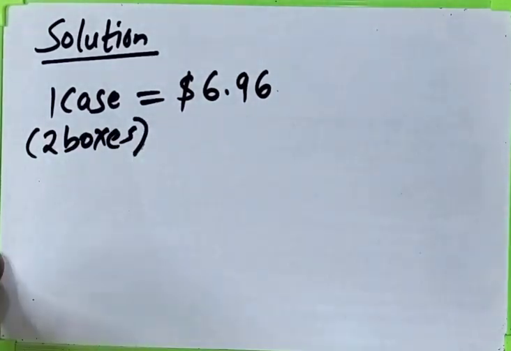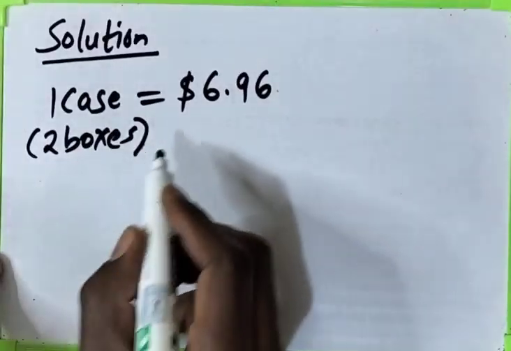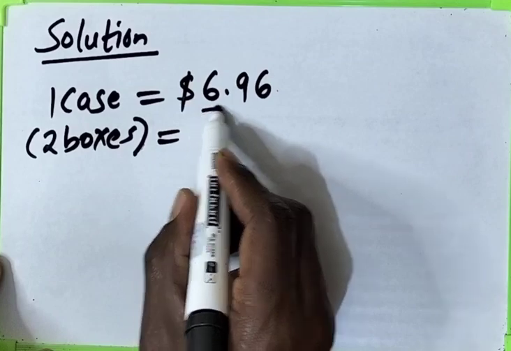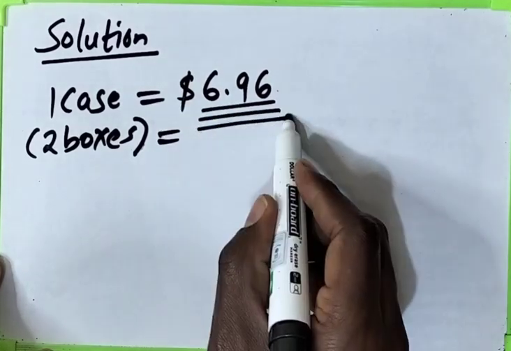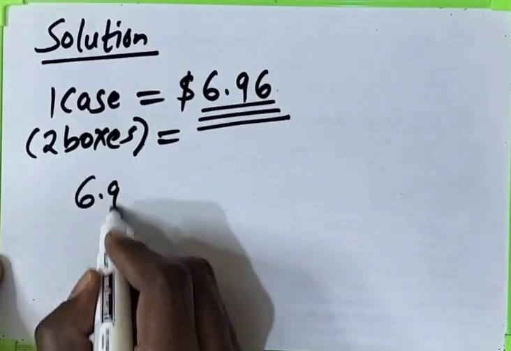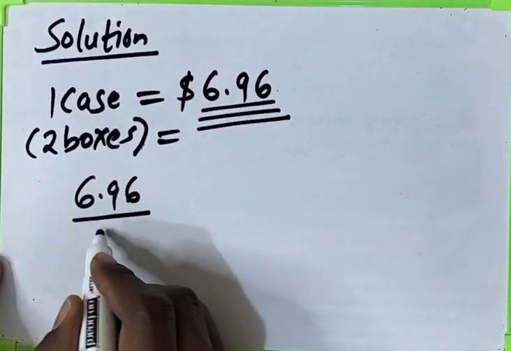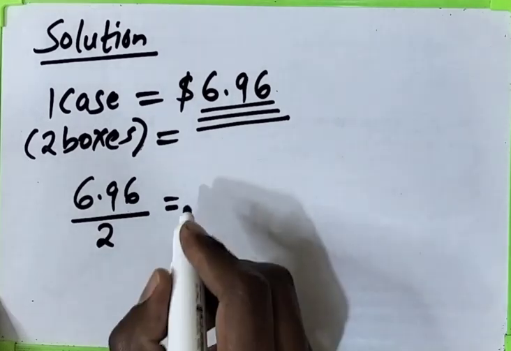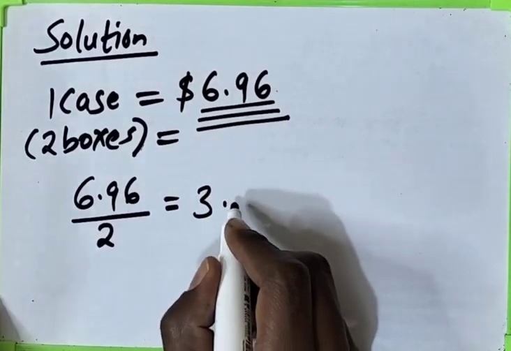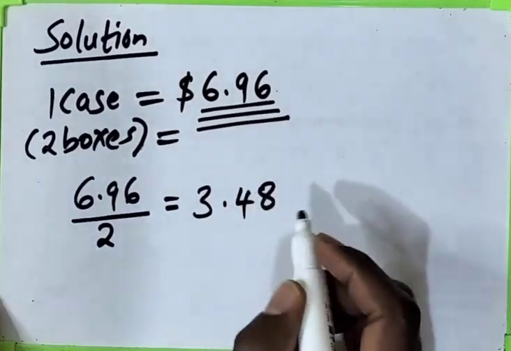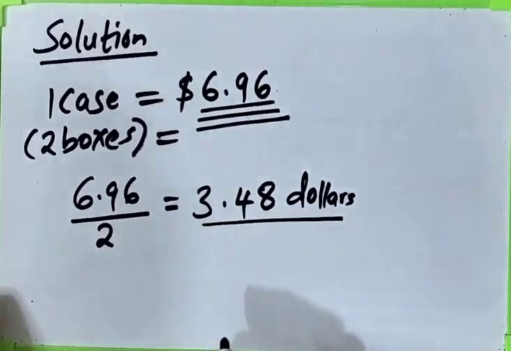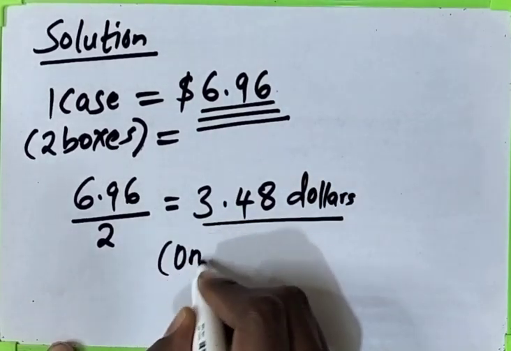So if we want the cost of 1 box, we shall say the amount for the whole case, which is 6.96 divided by 2, which is $3.48. This is for 1 box.